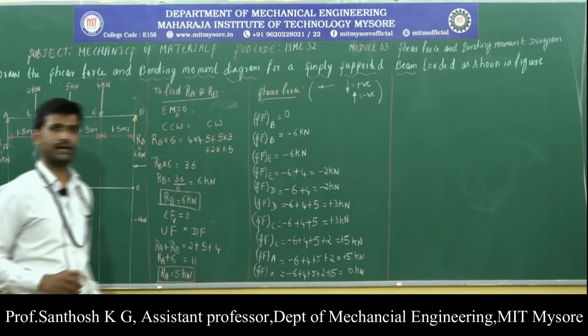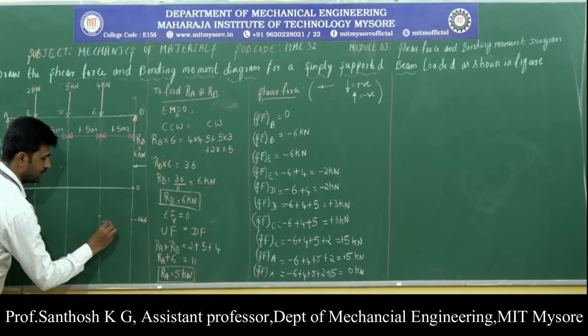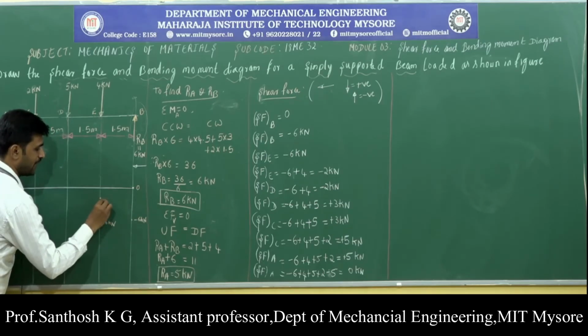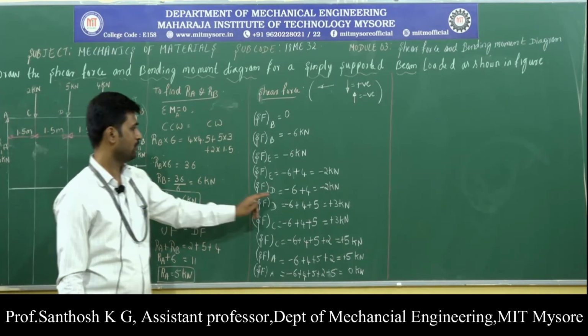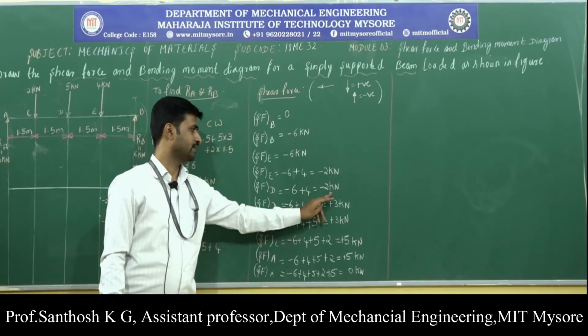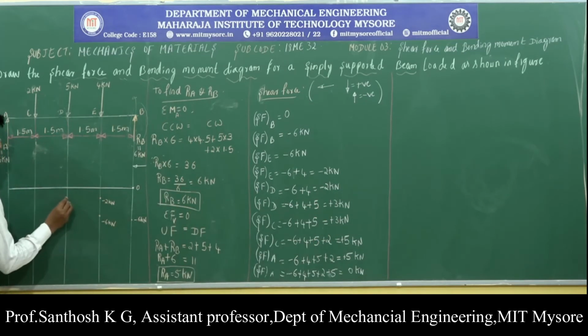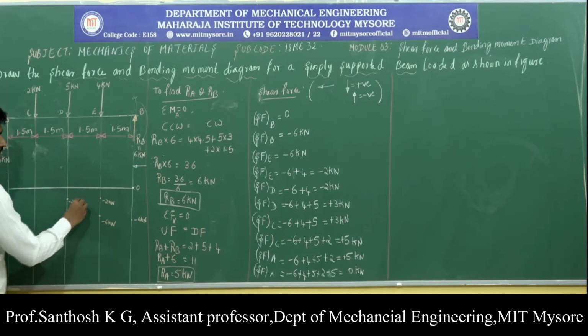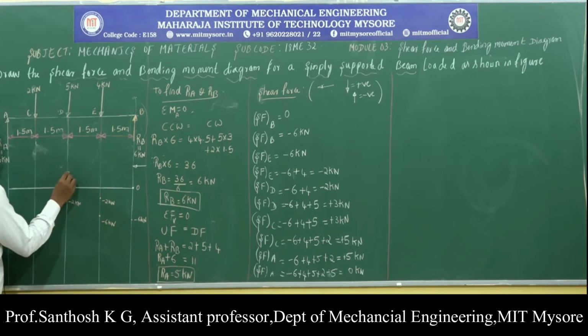One force has a magnitude of minus 6 kilonewton and the second has a magnitude of minus 2 kilonewton. Now, at point D, we have two shear forces. One has a magnitude of minus 2 kilonewton and the second has a magnitude of plus 3 kilonewton.